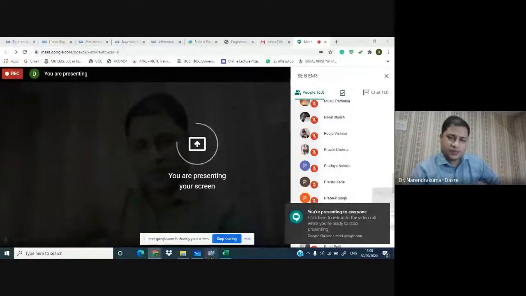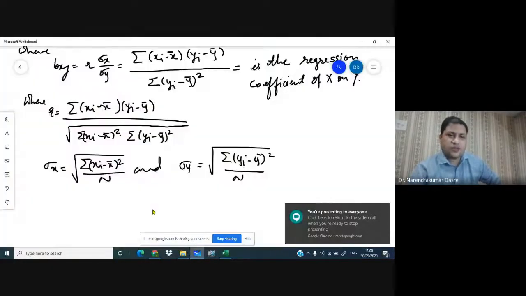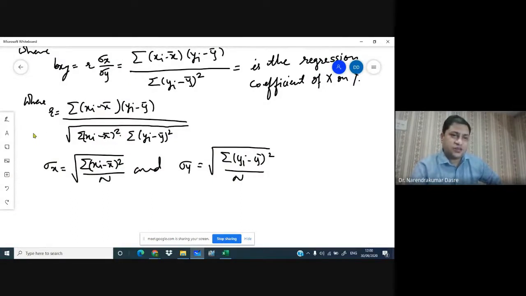Okay. So we are clear with the formula now. That's good. Now it depends on us what formula we want to adopt. In some examples, we have to calculate both the lines of regression.